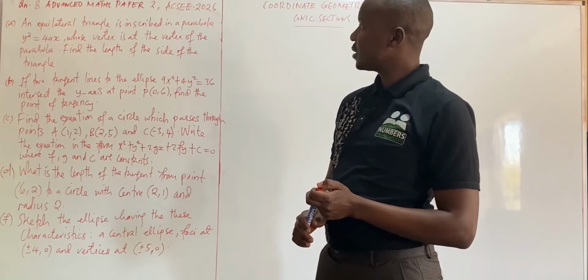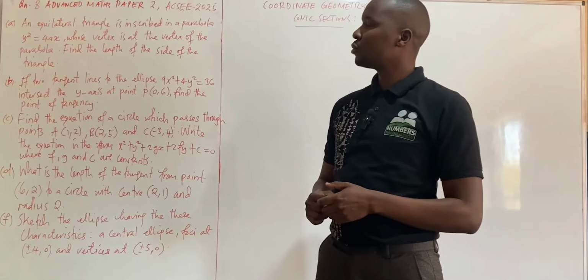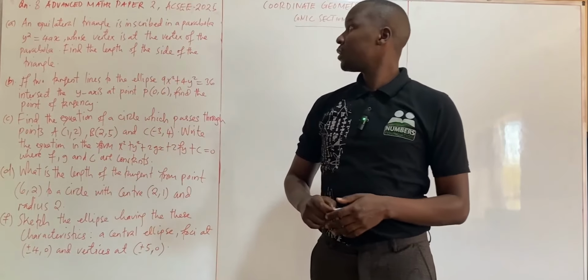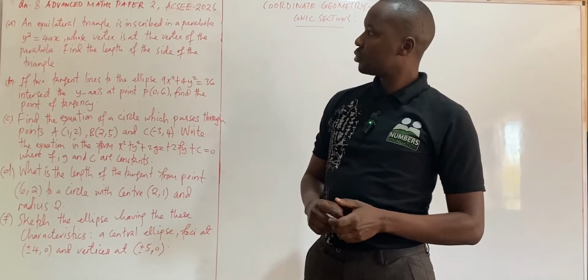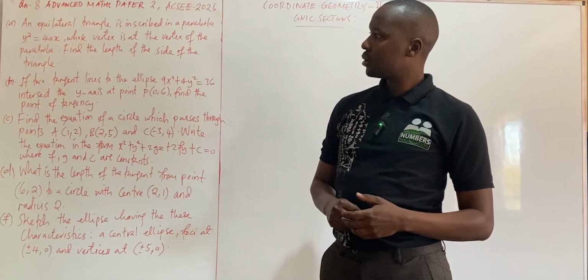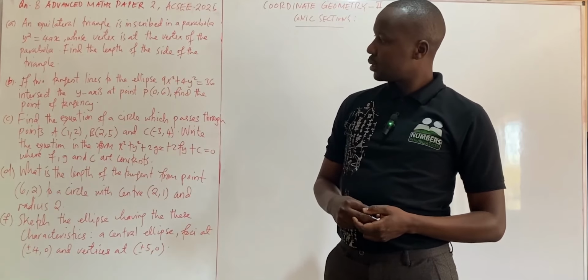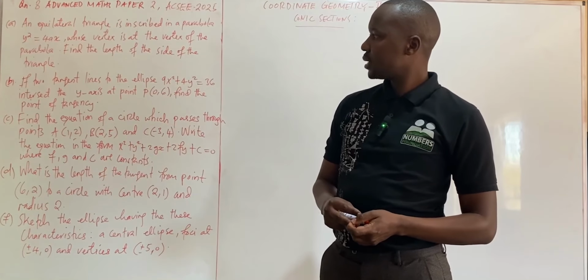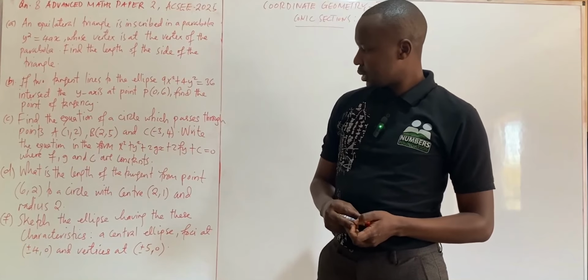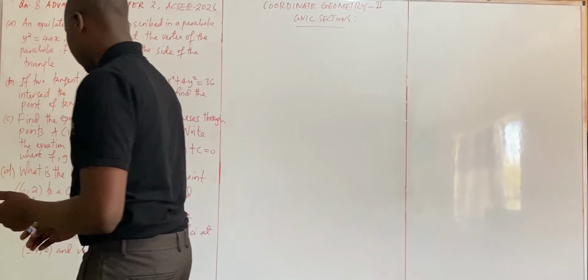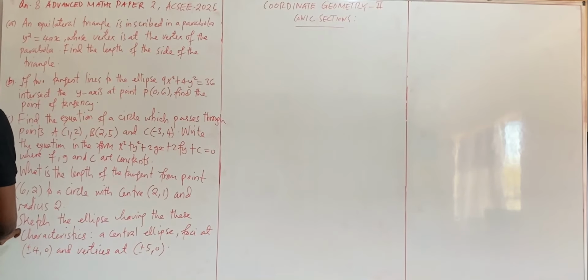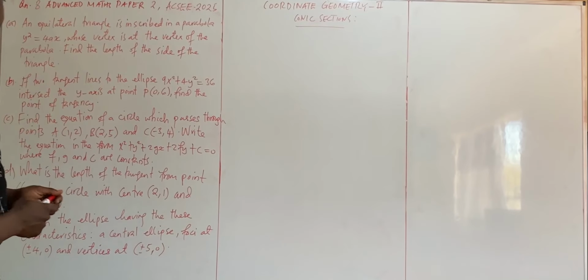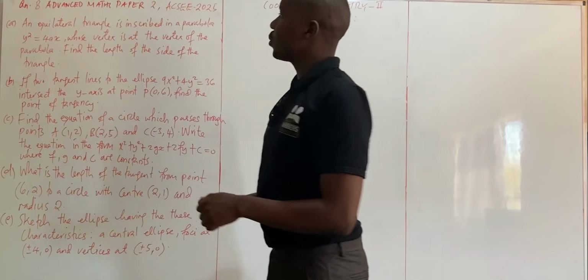The question that appeared in Advanced Mathematics Paper 2, ACSE, in the year 2025, was question number 8 according to the format, and it consisted of 5 parts, A to E.